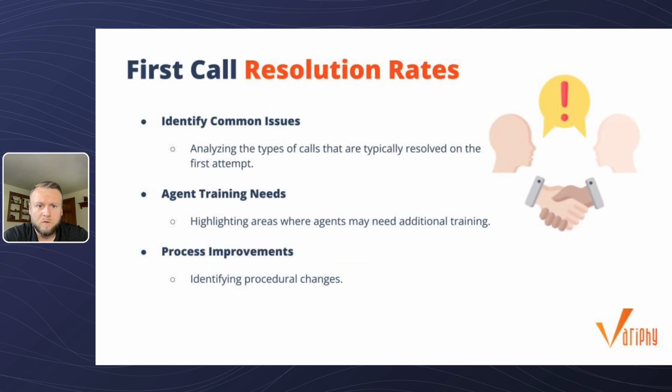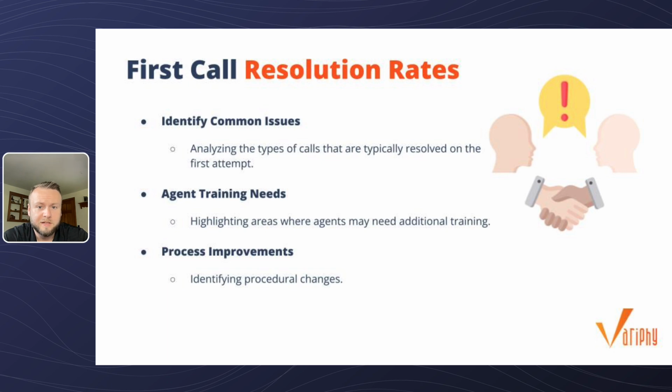Going more into first call resolution rates. High first call resolution rates are indicative of a well-functioning call center, so analyzing them is pretty important. You can use them in identifying common issues, analyzing the type of calls that are typically resolved on the first attempt compared to those that require follow-up.